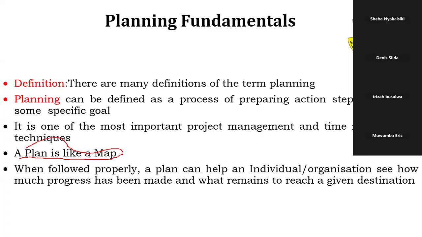When we think of all these other things, the business models, developing the ICT strategy and so on, we're actually developing a map that will lead to ICT design. When properly followed, this plan can help the organization or the individual or specific unit achieve its goals and remain on course.